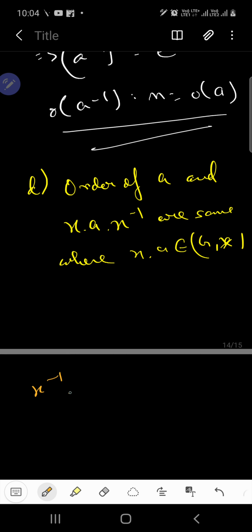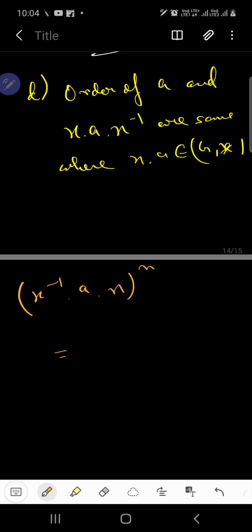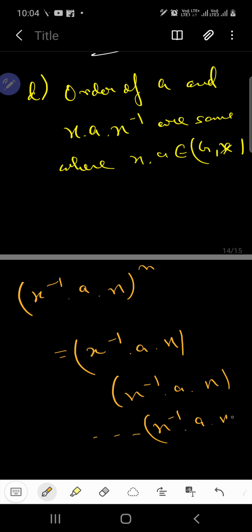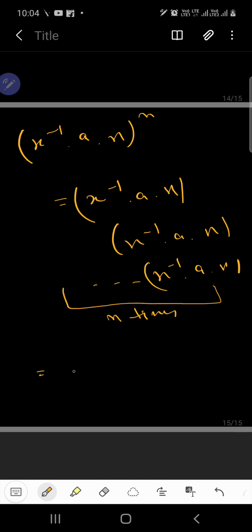So if you have x inverse times a times x, whole to the power n, this can be written as x minus 1 times a times x, x minus 1 times a times x, and so on up to x minus 1 times a times x, and this product is going n times.